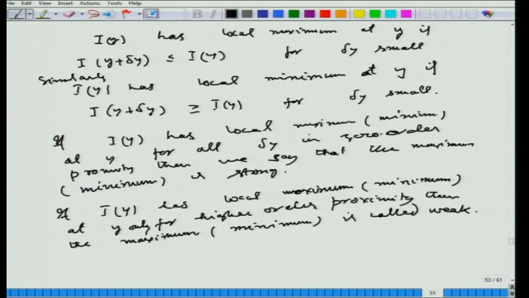Now, here we define this variation in the same manner as we define for the function; we want to extend it to the case where we have the functionals.